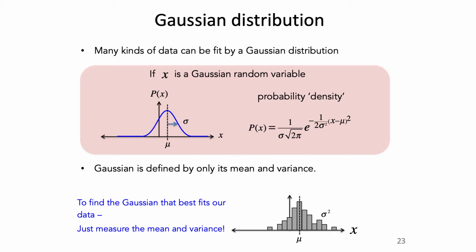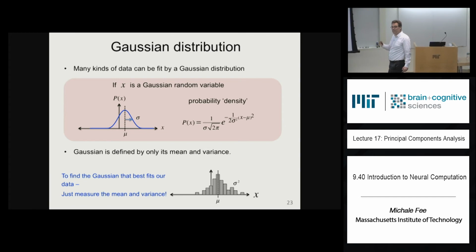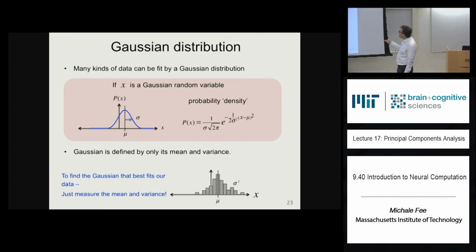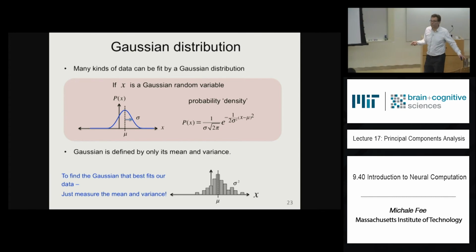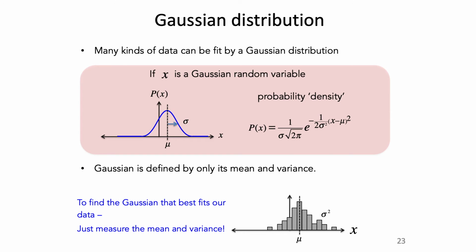Okay, so if you have a bunch of observations in one dimension, you measure the mean and variance of that set of data. That turns out to be a best fit in the least squared sense to a Gaussian probability distribution defined by a mean and a variance. Okay? So this is easy in one dimension.